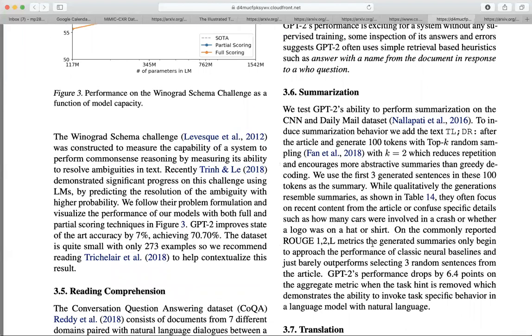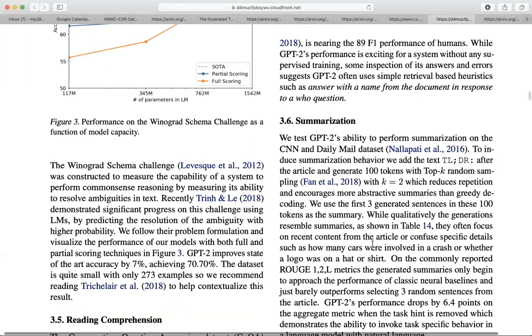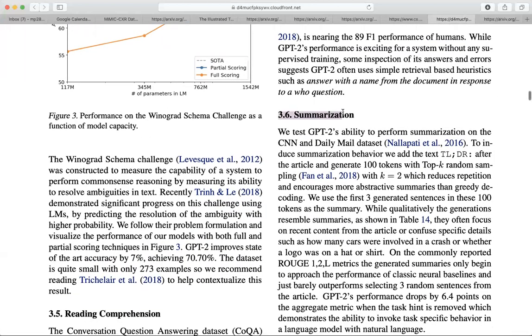But they do compare with all the other tasks, for example summarization. For summarization, how they give the cue to GPT-2 is that they just add the TLDR token as the cue token.